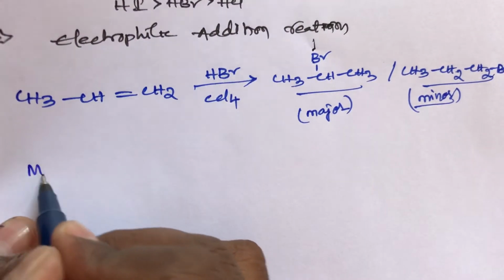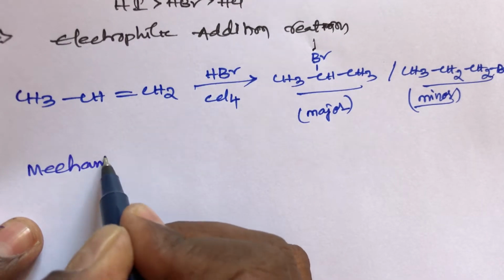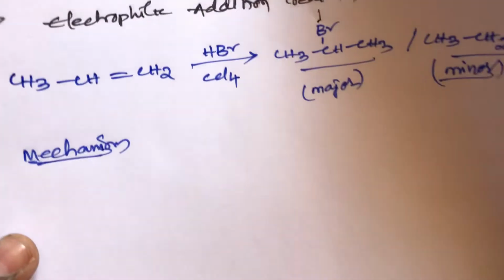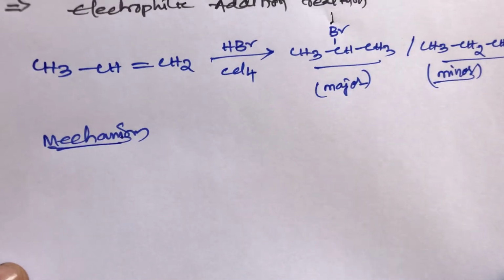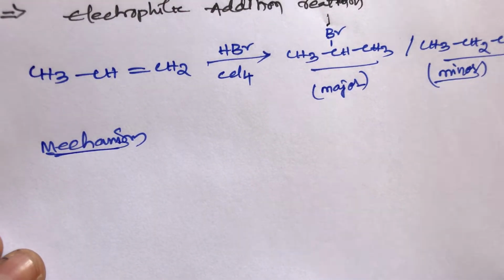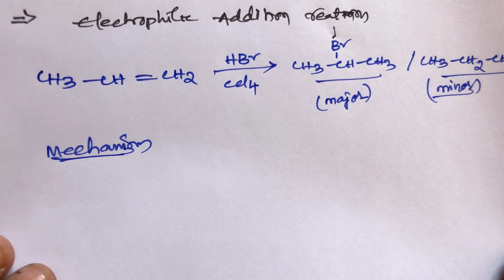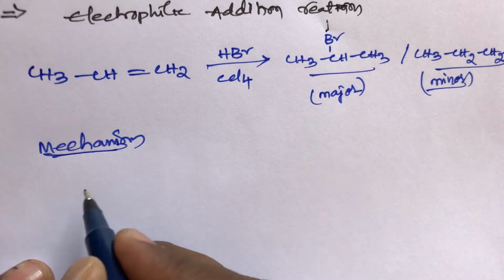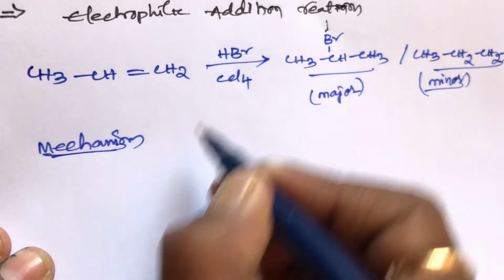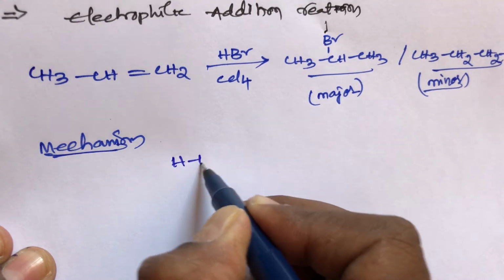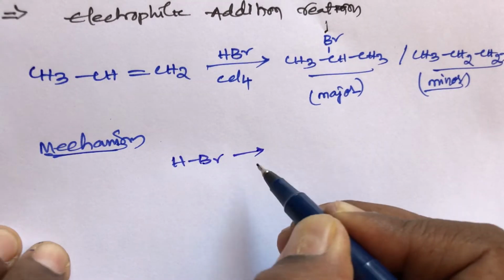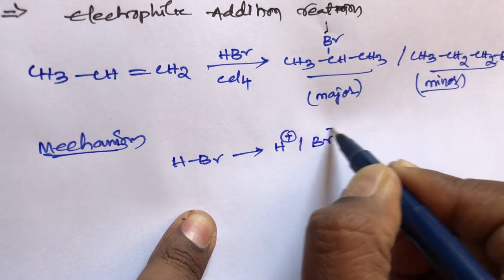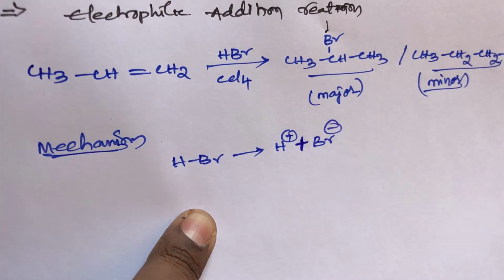So, the mechanism. This Markovnikov rule undergoes electrophilic addition reaction, and this reaction proceeds only by the electrophilic addition mechanism. Take HBr. On ionization it gives H plus and Br minus.